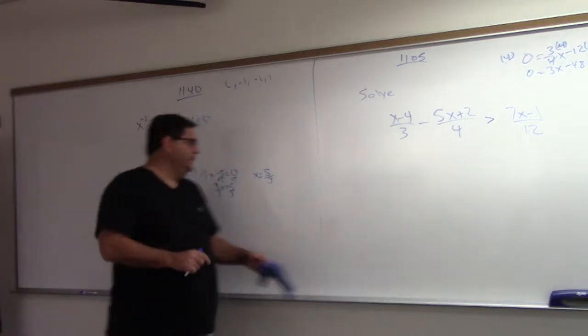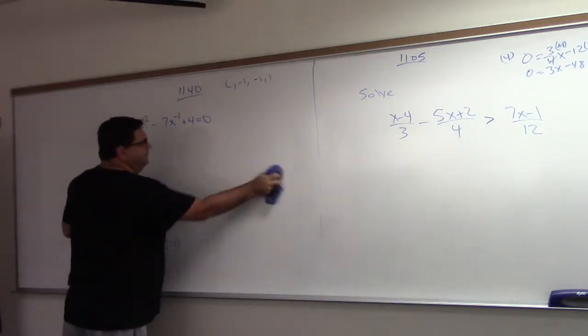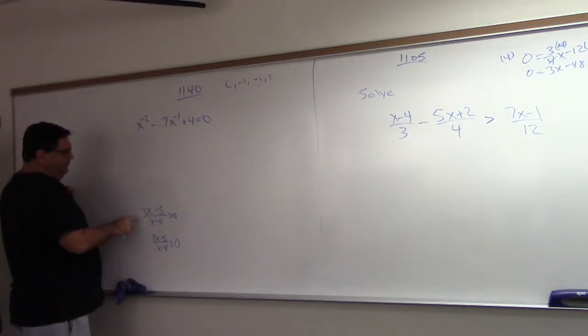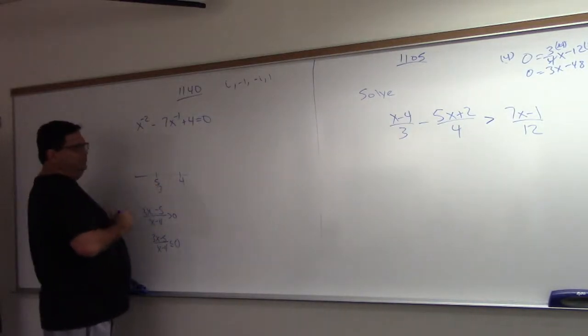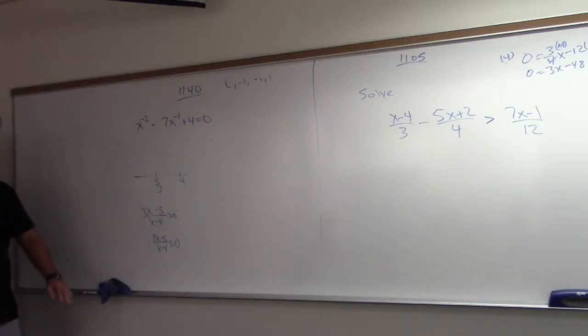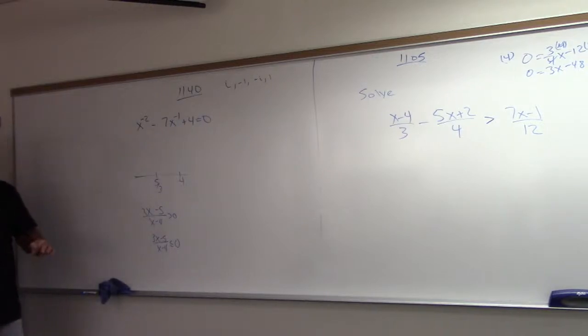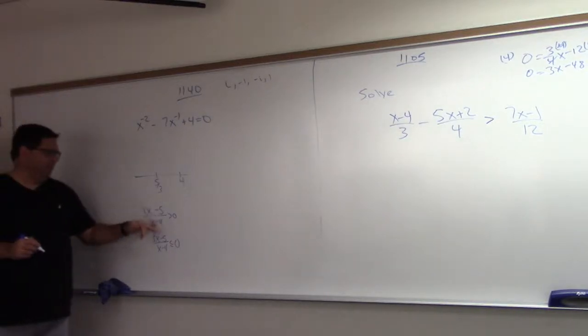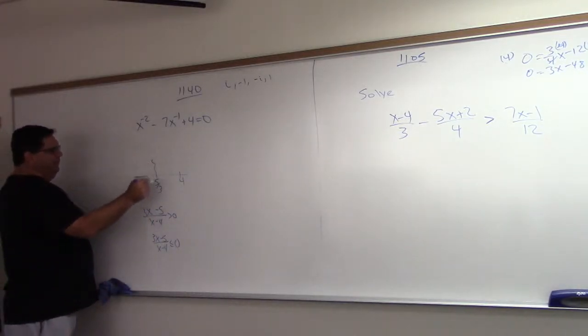Now, after you do the first one, your next step for these two is to make a sign graph. We have 4, we have 5/3. Those are our 2 points. You find those numbers by setting top and bottom equal to 0. Alright, so as we look to a point to the left of 5/3, 0 looks like it's a good option.